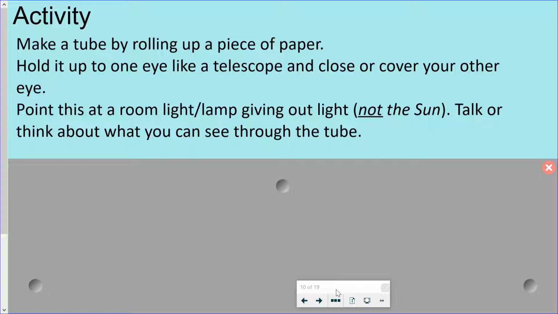Then point your telescope at a room light or a lamp, a source that gives out light, not the sun. We know that is very dangerous. And then when you do that, maybe do it a couple of times. Talk with an adult or think about what you can see through the tube. Pause the video and spend a little while doing that activity now.